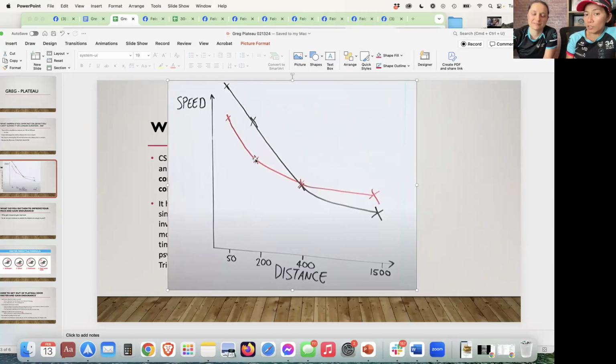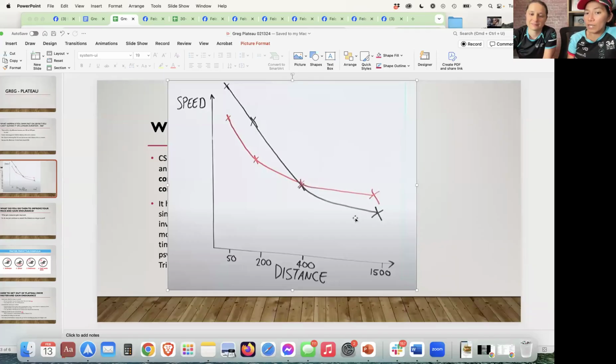He might be slower in the 200, but as they go longer, that pace they meet. They may have the same 400, but this athlete who's a sprinter will exponentially get slower as they go to a longer distance, which is the 1,500 meter.